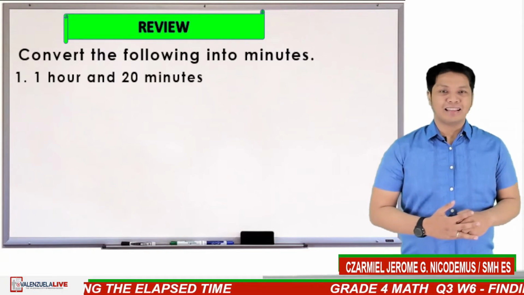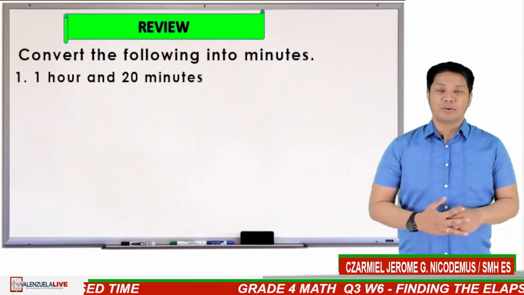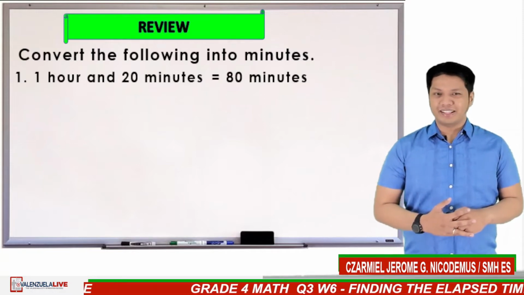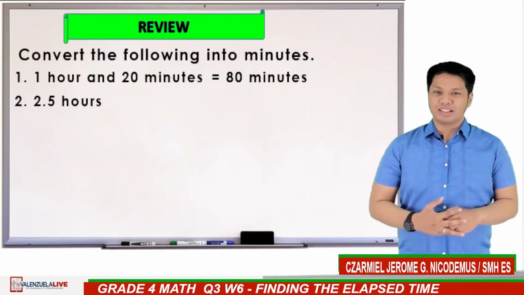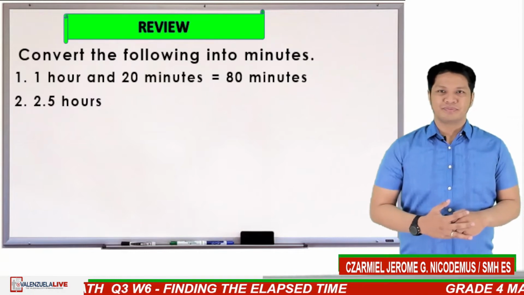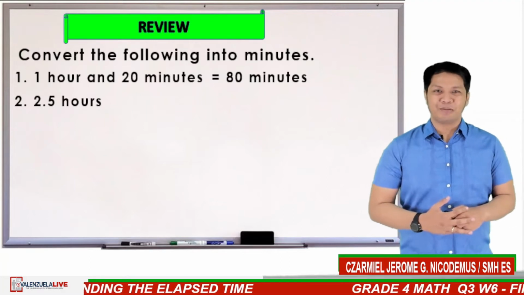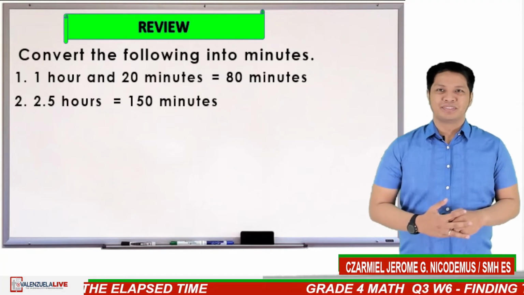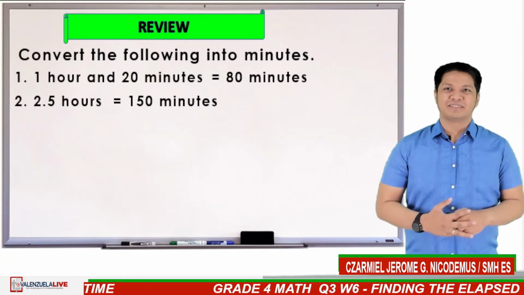So add 20 minutes. 1 hour and 20 minutes is equal to 80 minutes. Number 2, what is 2.5 hours in minutes? 2.5 times 60 equals 150 minutes.